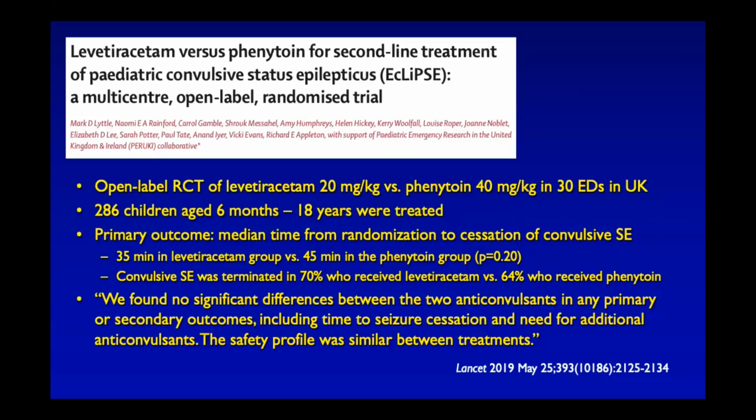This time was 35 minutes in the levetiracetam group versus 45 minutes in the phenytoin group, and this difference was not statistically significant. Convulsive status was terminated in 70% who received levetiracetam versus 64% who received phenytoin.